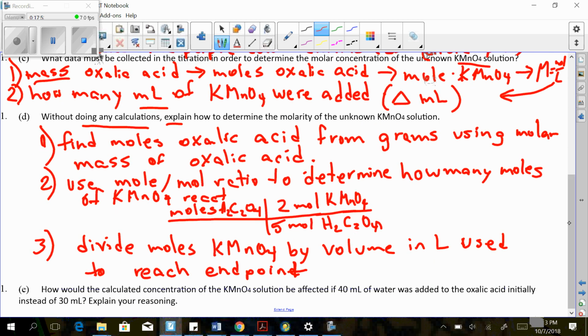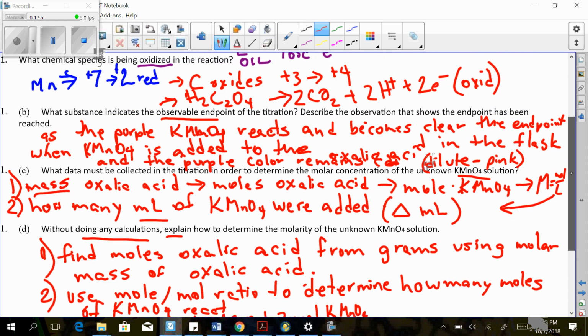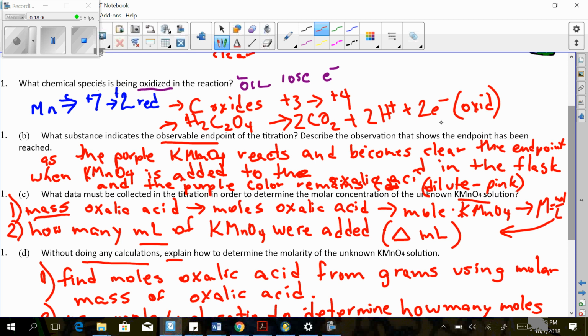Okay, and going back to part, I didn't go over the points. Part A was only worth 1 point for saying which species oxidized. Part B was worth 2 points. 1 for identifying the species that's reacting, and then another point for indicating that it remains colorless at the end point.